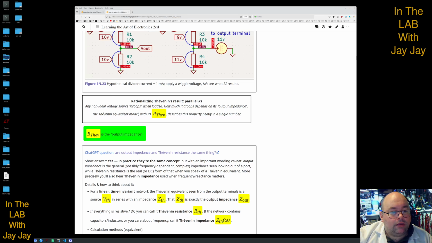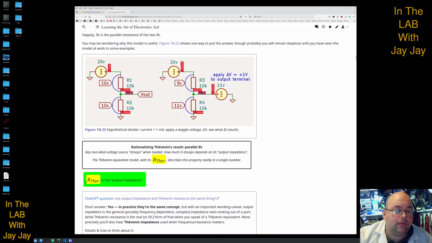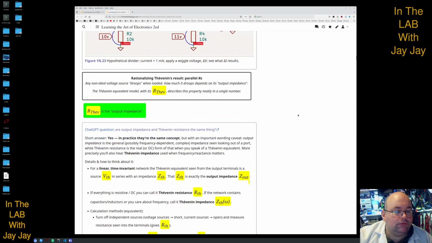So the Thevenin resistance is the output impedance. They're the same thing. So the output impedance of a circuit and the Thevenin resistance of a circuit is the same number, meaning the same thing, and you can use it to determine how much droop there will be in the supply voltage based on how much load you attach, where the load is a resistor.